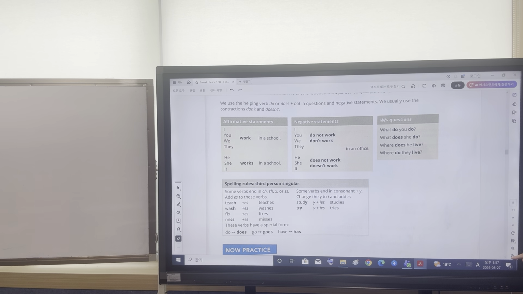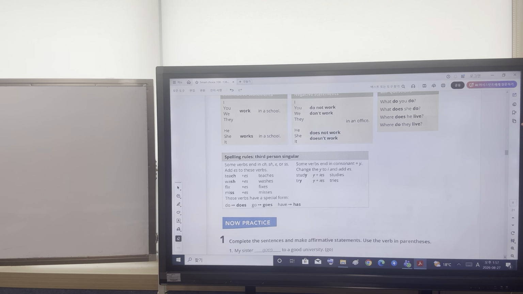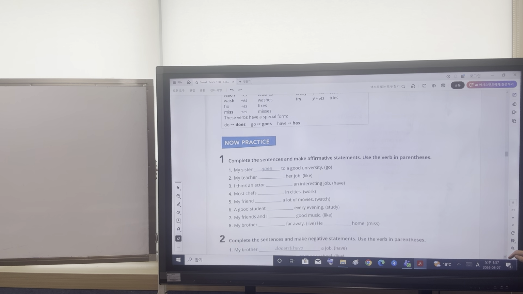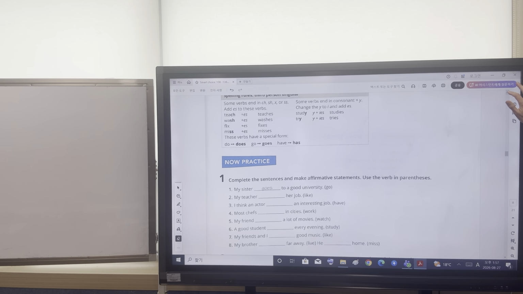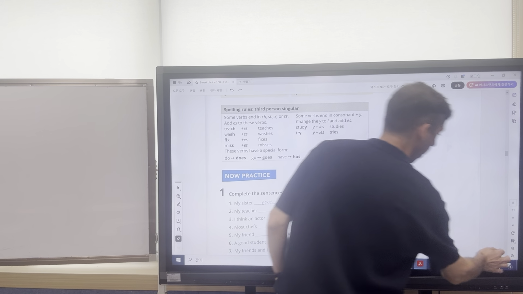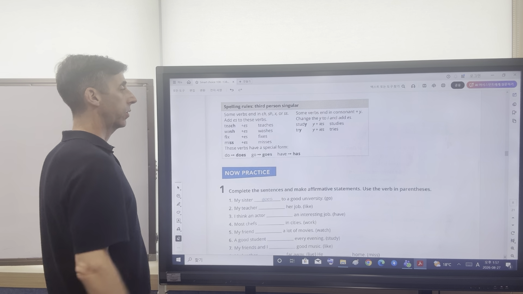Okay, and bring it up once again, just a little bit higher. Oh, there we go. So we add ES to these verbs.